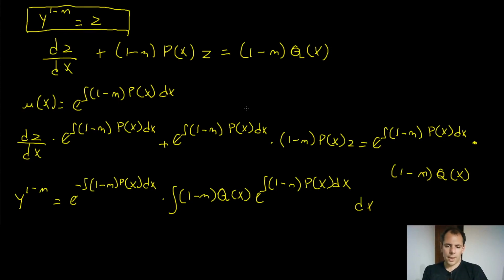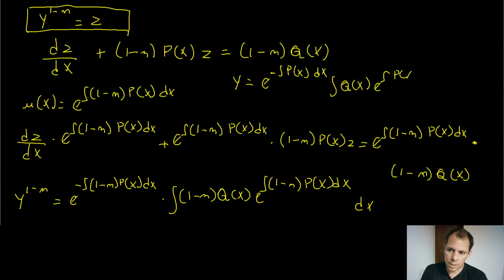Just for you to compare, I'm going to show you something. First, the formula was y equals 1 divided by u of x, right? So it's going to be e to the minus integral of p of x dx times the integral of q of x e to the integral of p of x dx dx, right?